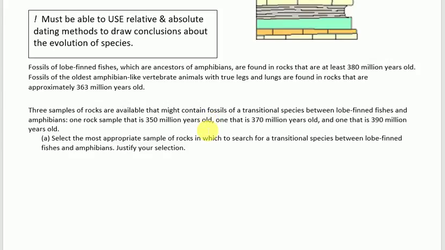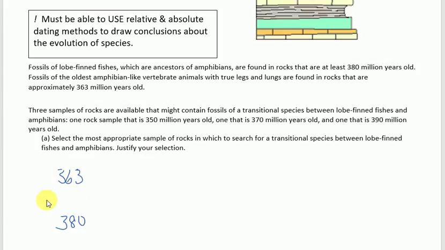Well, they told us that the fossils of the lobe-finned fish are found in rocks that are 380 million years old, right? They told us that the amphibian-like are in the 363. And then the samples that they gave us are 350, 370, and 390.